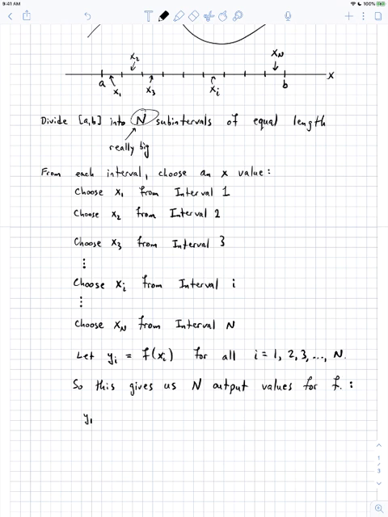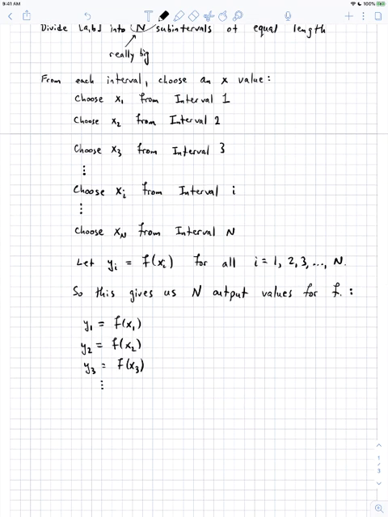So we have y1 is equal to f at x1, y2 is equal to f at x2, y3 equals f at x3, and so on until you get to the very end. y sub n equals f at x sub n.